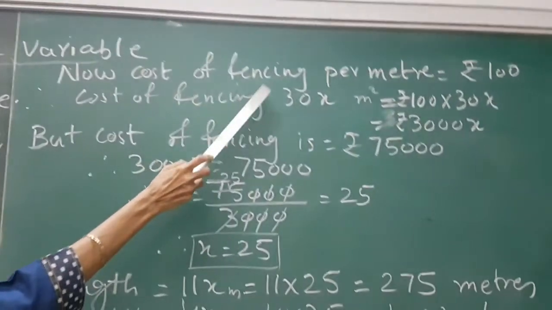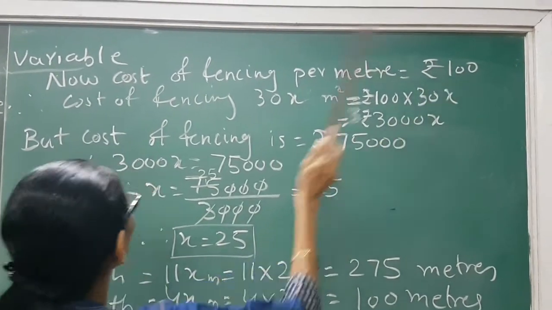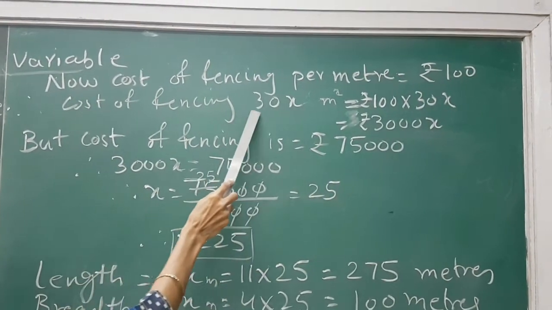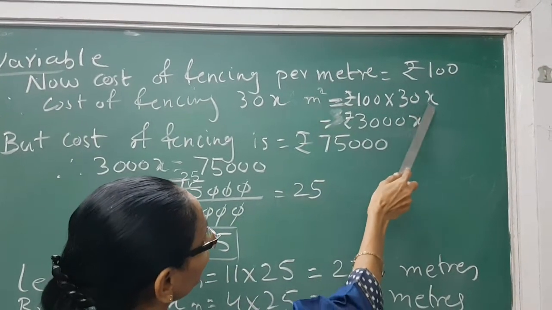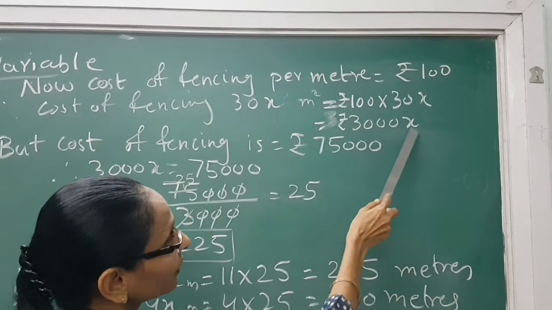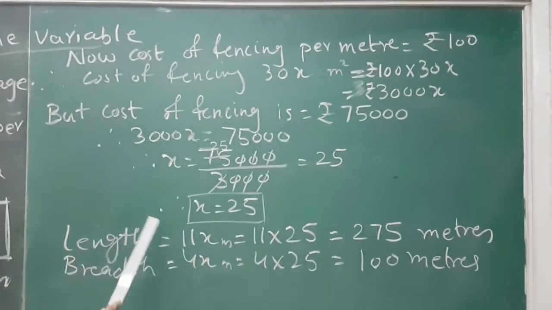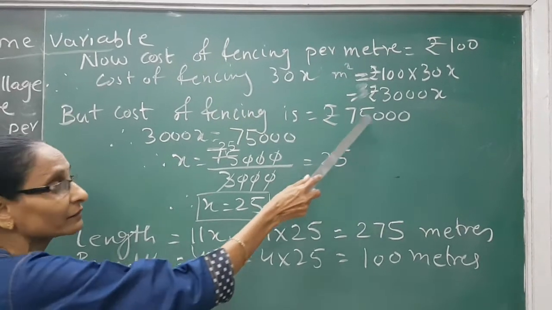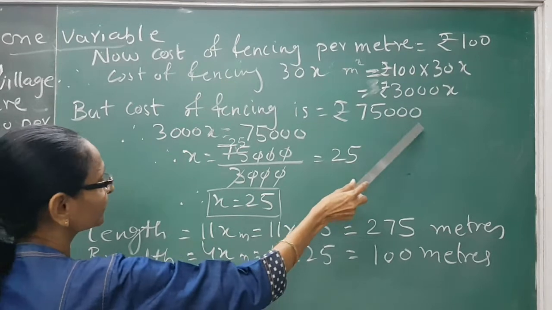Now the cost of the fencing per meter is given in the question as ₹100. Therefore the cost of fencing 30x meters is equal to ₹100 into 30x, which is ₹3000x. But the total cost of the fencing given in the question is ₹75,000.